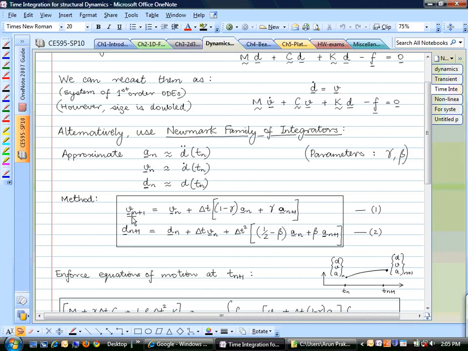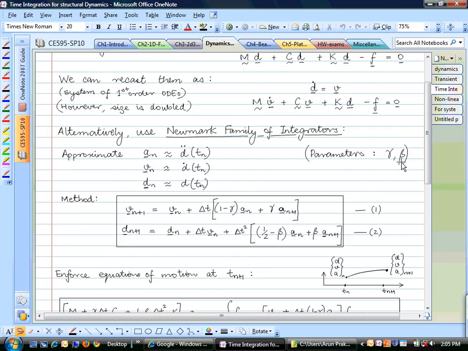So the Newmark scheme assumes these two equations, these are the two equations that it uses to approximate the derivatives. Just like in your Euler method, we approximated the derivative with Vn plus alpha. Here we are going to approximate the accelerations as An plus gamma.